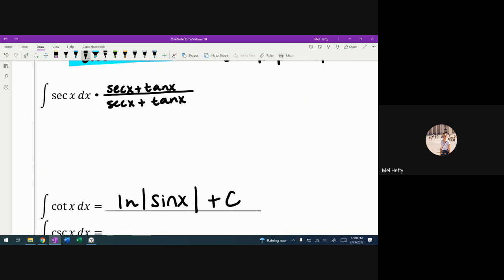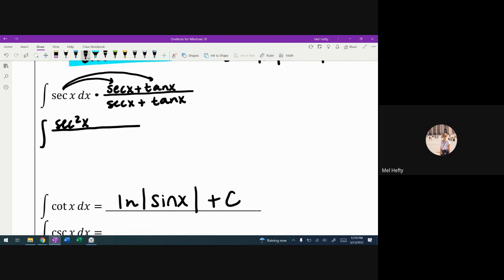Cool. All right. Why am I using this fraction? Because I know it works. We'll see. It's very cool. I'm going to distribute this into this fraction. How would you write secant times secant? Like secant squared?